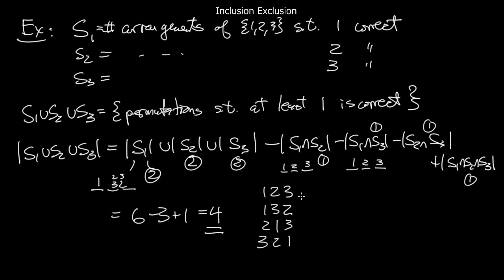So that leads us to the first statement of the inclusion-exclusion principle. I'm going to call this inclusion-exclusion version 1. And it says the following: suppose you have n finite sets, S1 through Sn, and I'm interested in calculating the order of the union.